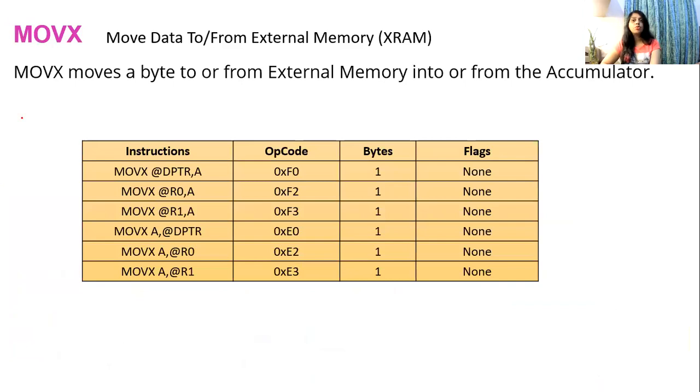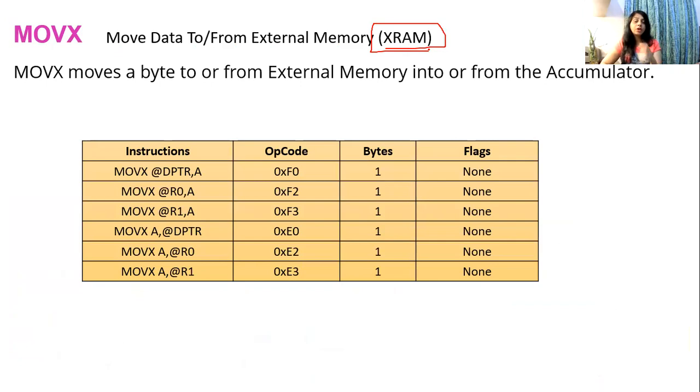Now the next is the MOVX instruction. Move data to or from external memory, XRAM. It transfers data from the microcontroller to memory or from memory to the microcontroller, but it is about XRAM, external RAM. When we want to transfer data between internal RAM and the microcontroller, we can use a simple move instruction.